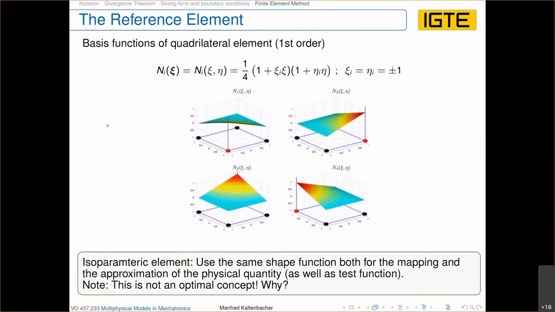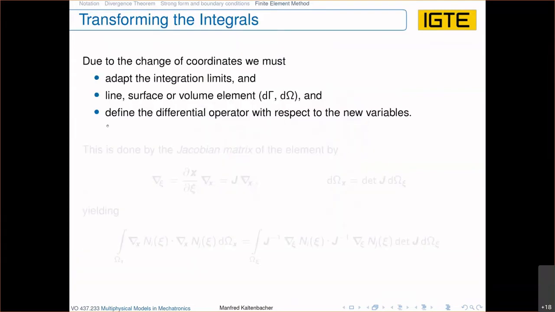Okay, still a lot of things have to be done so that we can really go further for a computer implementation.